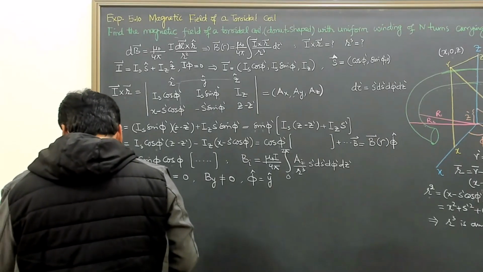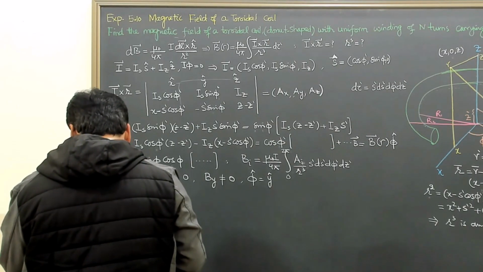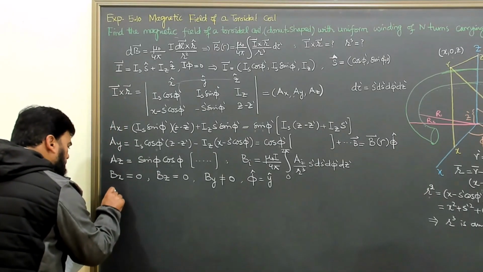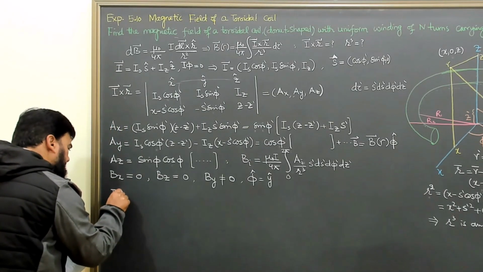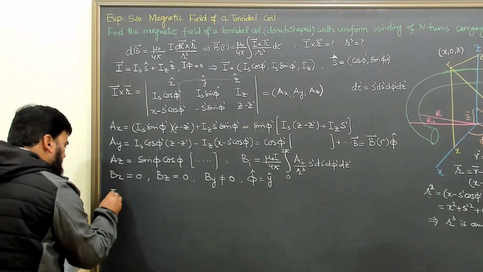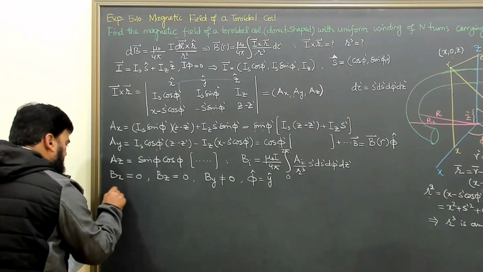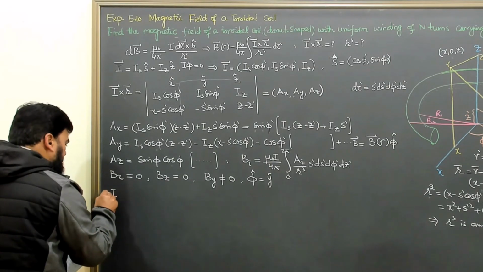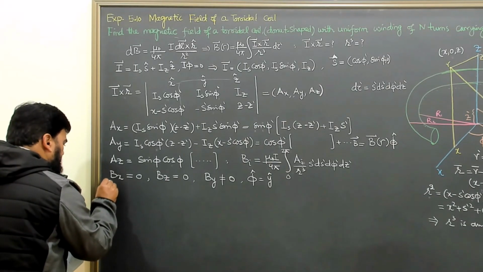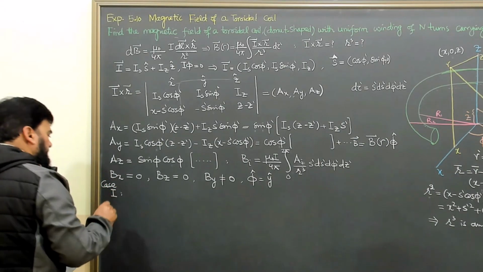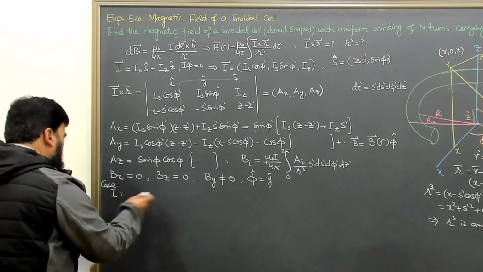And here, let's say the very first one is the inside the toroid case. So the first case, let me write it here. This is case 1, and case 1 is inside toroid.